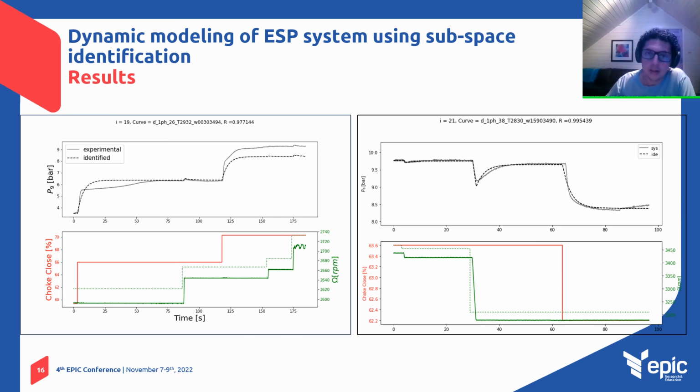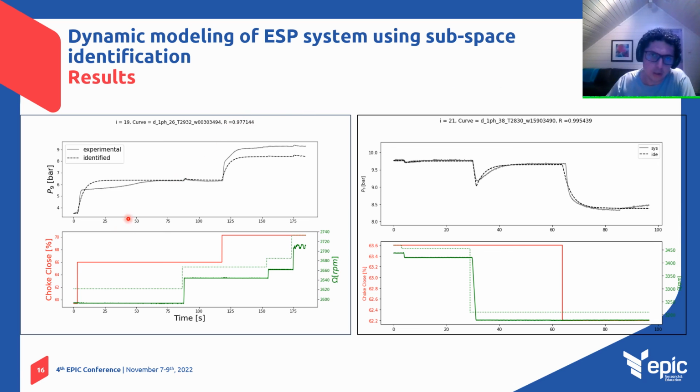After evaluating the Pearson correlation of all identified systems with the entire operational range, we selected the best identified system to test with other experiments. Here we can see the behavior of the selected system in other different operational conditions.